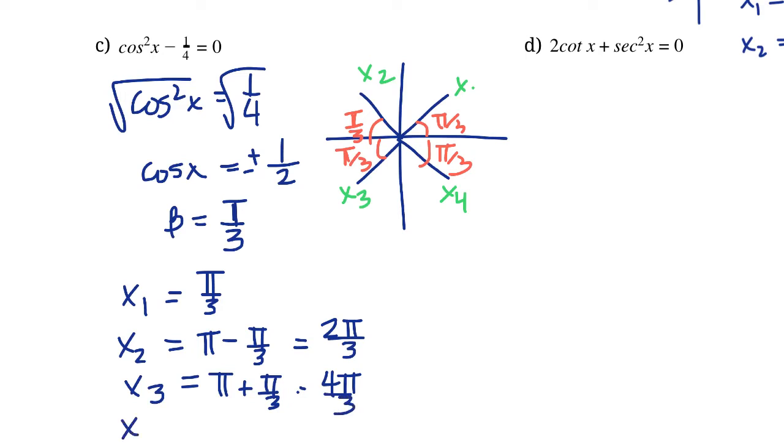And then our x4, our last answer, it's like we went around 360, we went around 2 pi, and we subtracted pi by 3. So that's going to be 5 pi by 3. There we go. We have our 4 solutions to this problem. 1, 2, 3, 4. All those solutions fall between 0 and 2 pi.